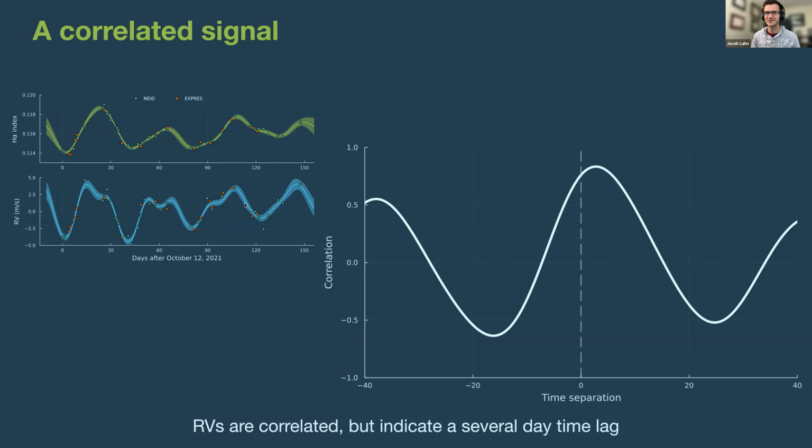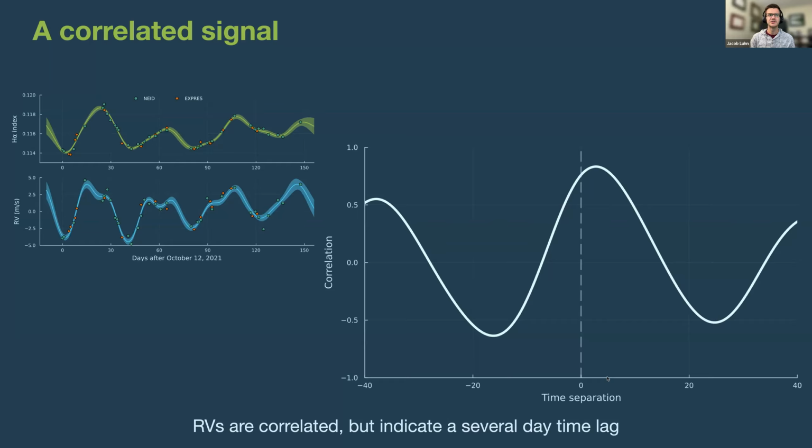This is the cross correlation function between RVs and H alpha, so not related to CCFs of the spectra. But interestingly, we see that this correlation peaks with a time separation of a couple of days, 4 to 5 days. And so this indicates a several day time lag.